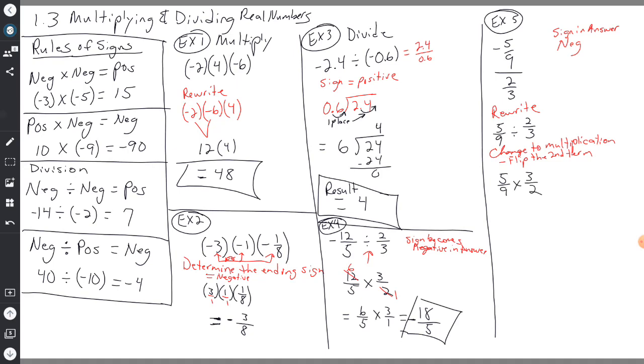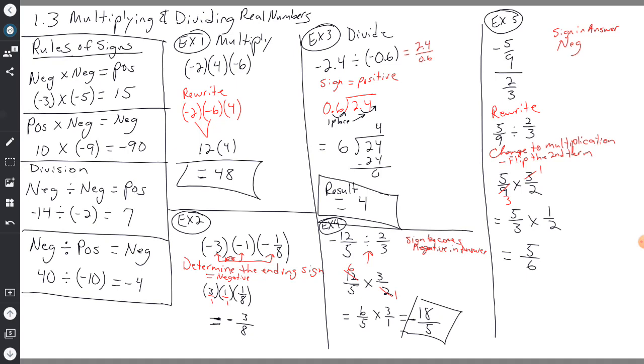And what do you see here? 3 goes into itself once and goes into 9 3 times. So our answer becomes 5 over 6.